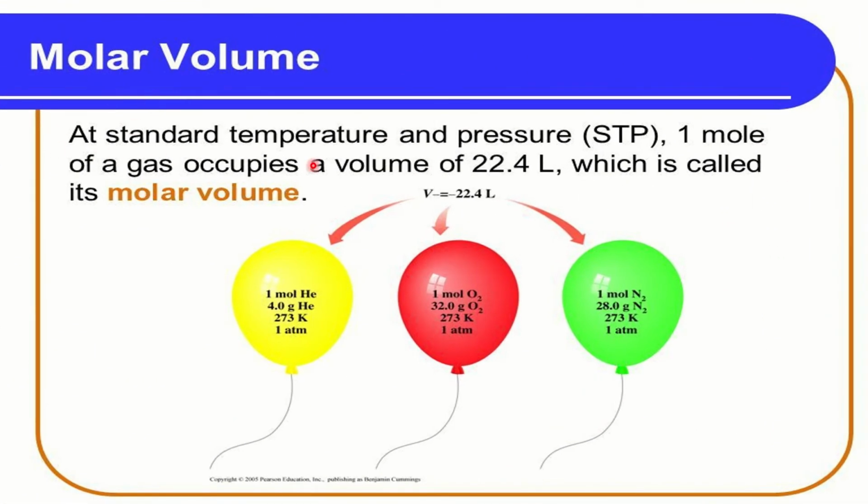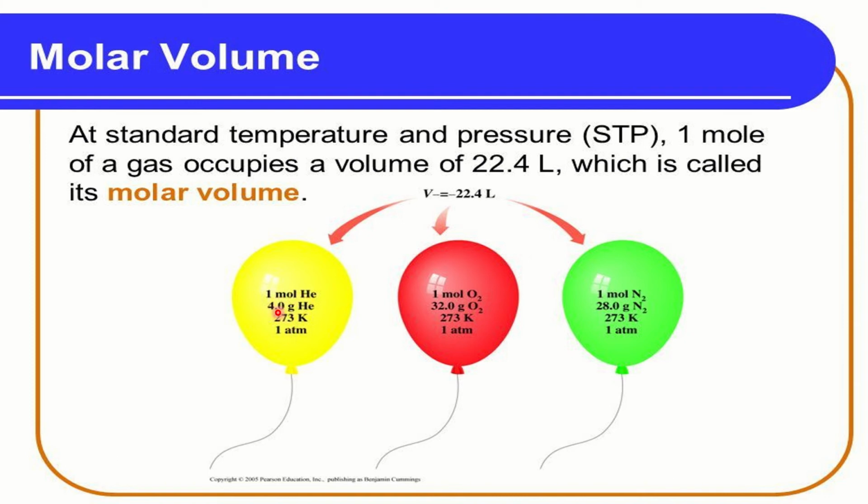So, at standard temperature and pressure, 1 mole of a gas occupies a volume of 22.4 liter, which is called its molar volume. Here, 1 mole helium means 4 gram helium, because we got this idea in our previous class. From the previous class, we can tell 1 mole of anything is its molecular mass amount.